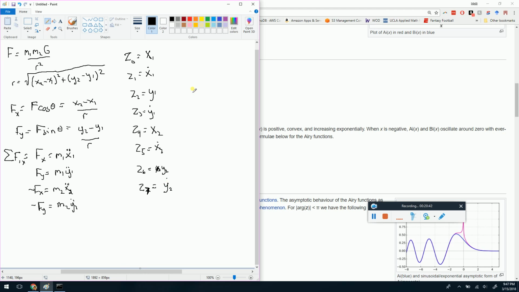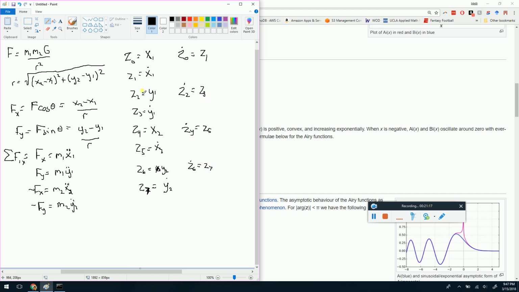All right. So we take the time derivatives. Z0 dot is going to be z1. And let's do all the easy ones first. Z2 dot is equal to z3, and so on. Z4 dot is equal to z5, and z6 dot is equal to z7.